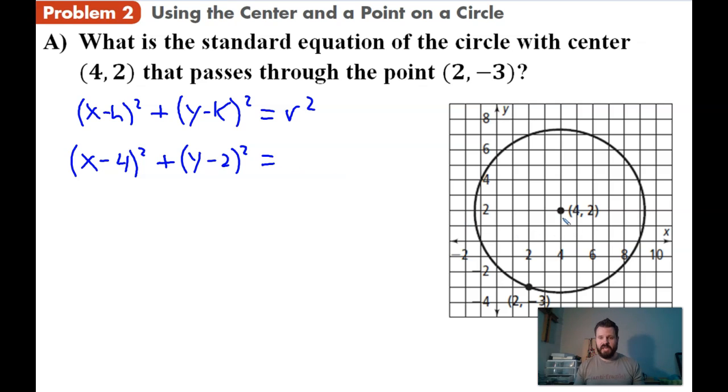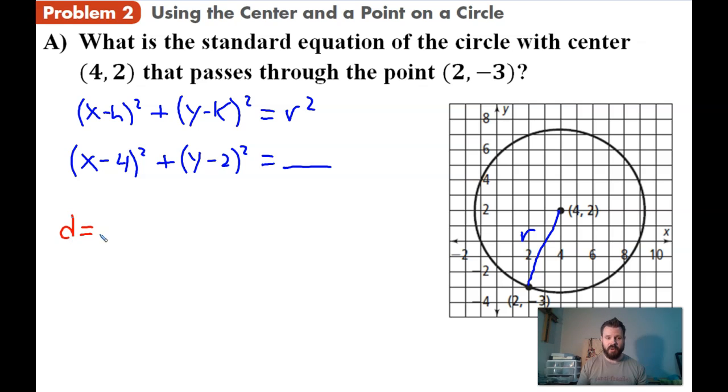The thing is, I know my center, but I'm not sure what this radius is. So that's what we've got to solve for. Radius is defined as just the distance from the center of the circle to the edge. So if I know the coordinates of my center, and the coordinates of any point on the circle, we can figure out that radius using the distance formula.